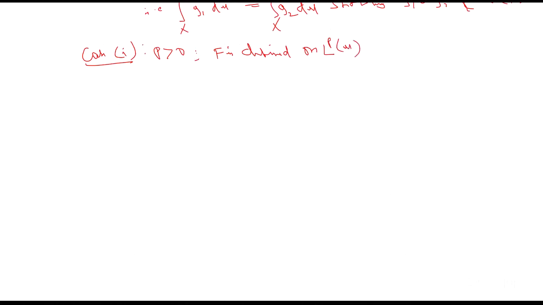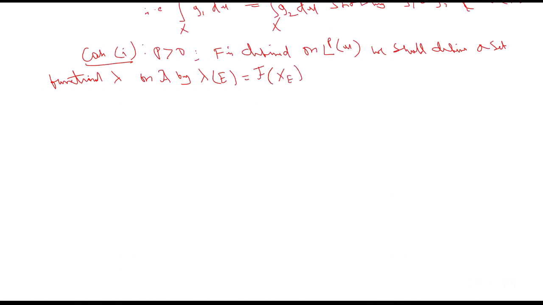We shall define a set functional lambda on A by lambda(E) equal to F(chi_E).